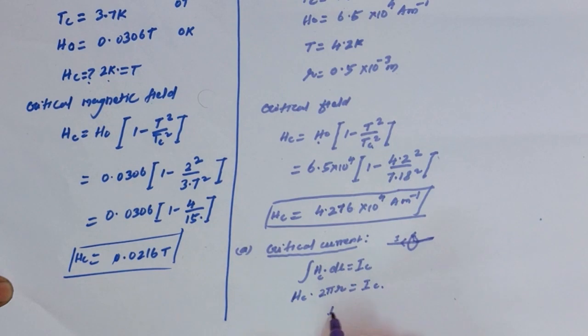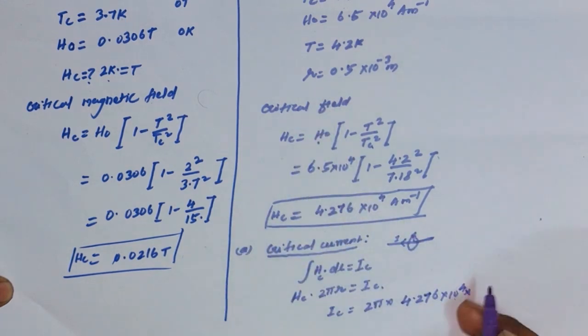So Ic is equal to 2 times pi times Hc times the radius. We know Hc, just now found, 4.276 × 10^4, and the radius of the wire is 0.5 × 10^-3.